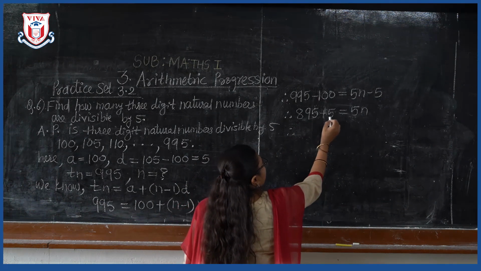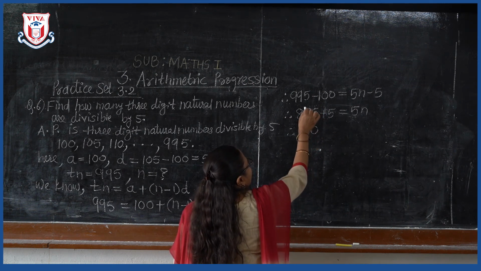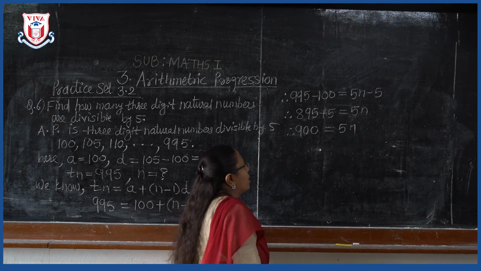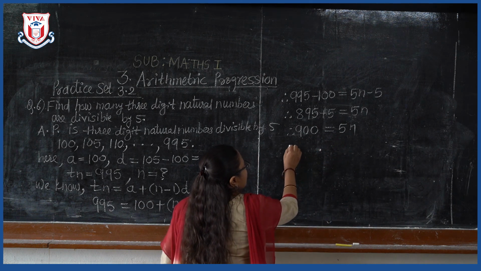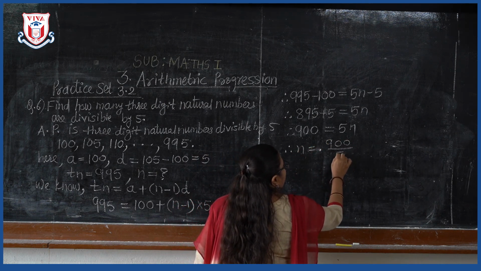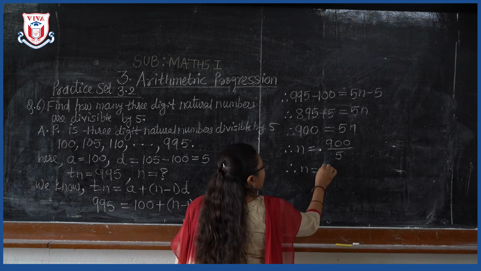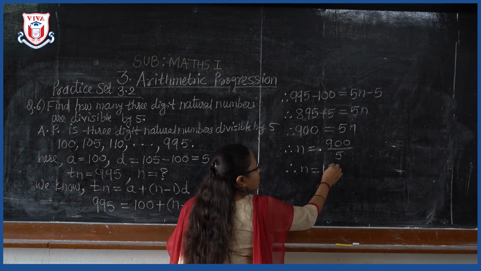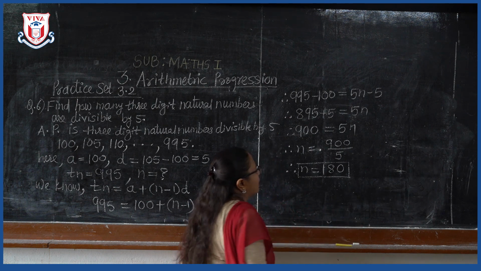Now 895 plus 5: 5 plus 5 is 0, carry 1, 9 plus 1 is 10, carry 1, 8 plus 1 is 9, so 900 equal to 5n. So we got a simple linear equation. From this we have to find the value of n. Therefore n is equal to 900 divided by 5. So divide: 5 ones are 5, 9 minus 5 is 4, we get 40, 5 eights are 40, and 0. So n is equal to 180.